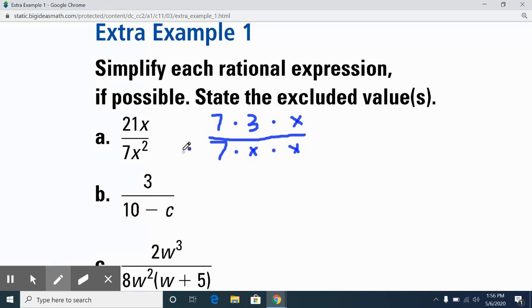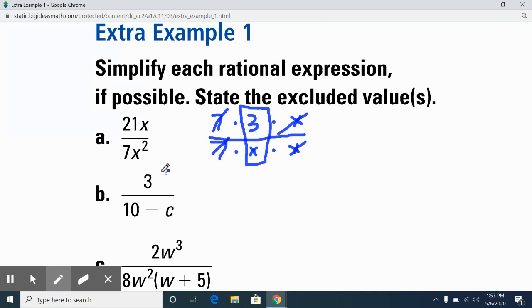Okay, so here's another way to look at it. This is what the book would show: we have 7's on the top and bottom that we could cancel, and then we have at least one x on the top and bottom that we could cancel, and here's what we're left with. Our 3 over x, which is exactly what I had before. All right, and our excluded value is 0.